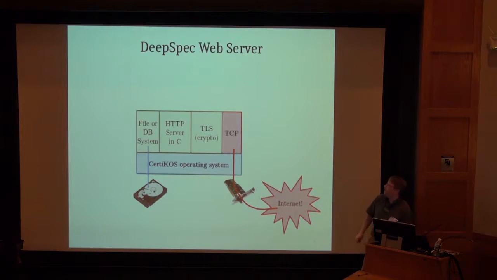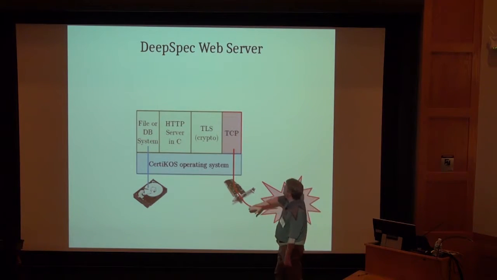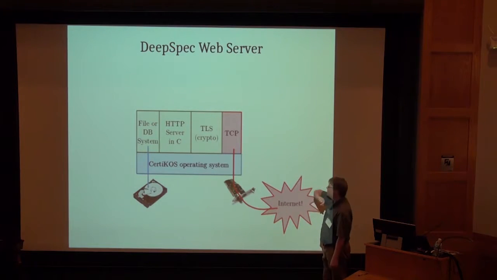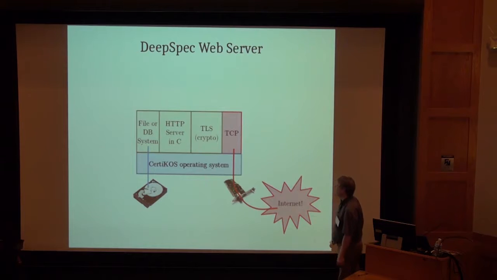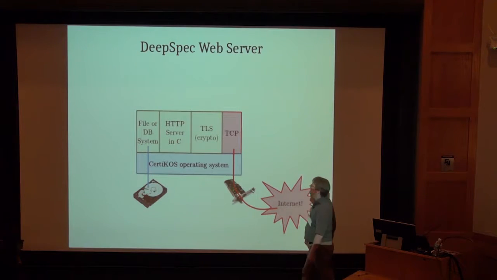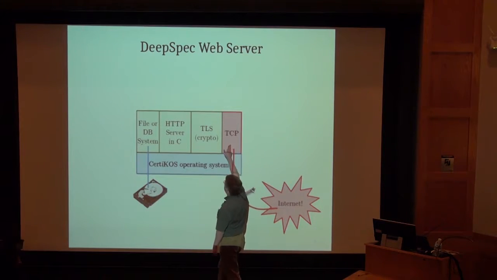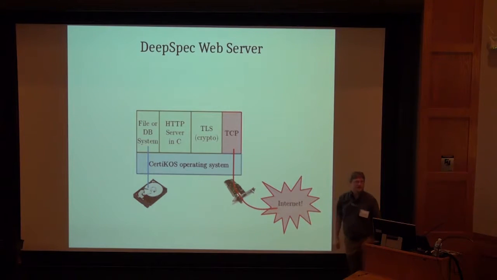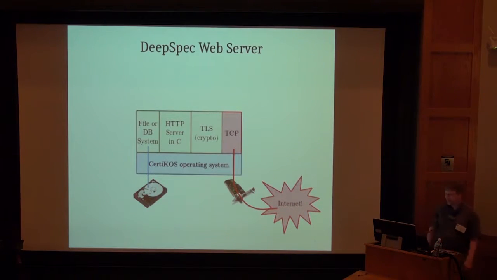So even, for example, an unverified TCP stack that connects any connections that the web server makes with the internet will not be able to corrupt any of the code running in other partitions. That's one of the guarantees that we get by using CertiKOS or similar hypervisors.